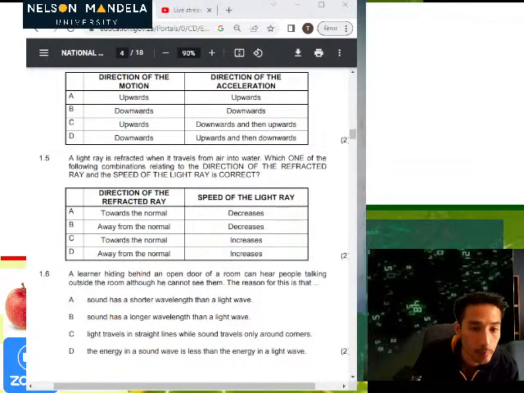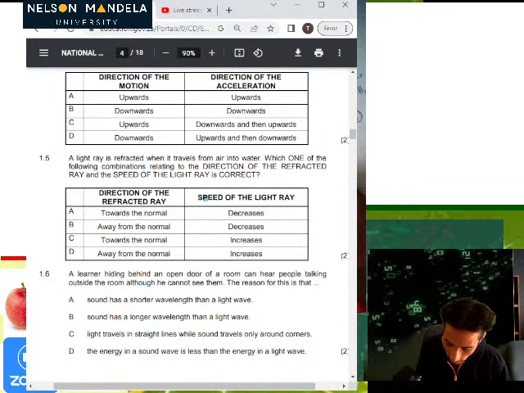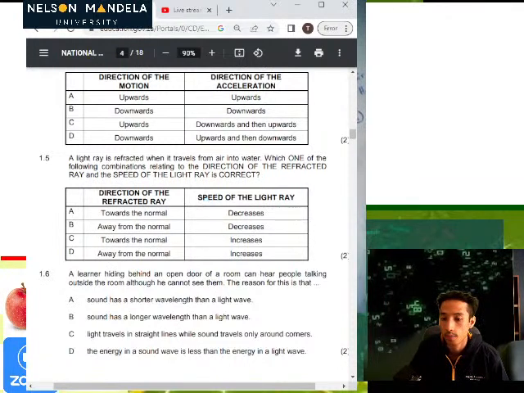Going back to the paper, when I say the angle decreases, I mean it moves toward the normal.